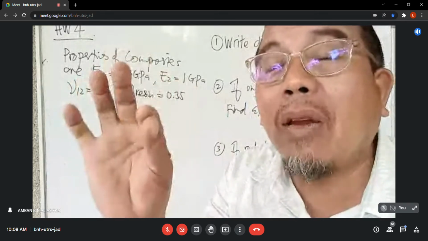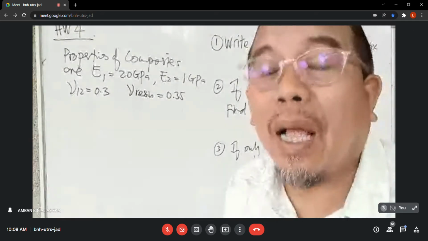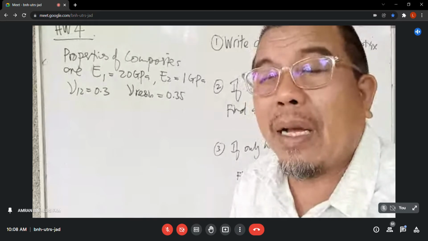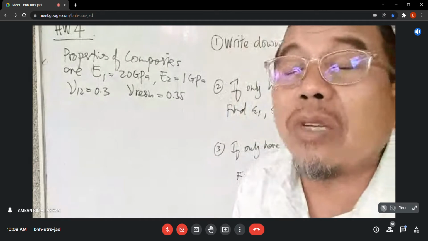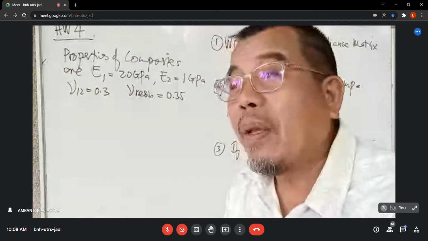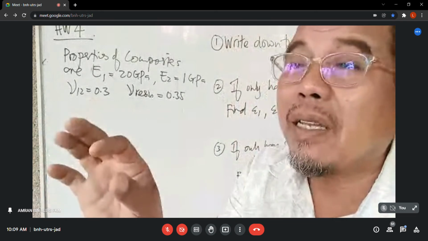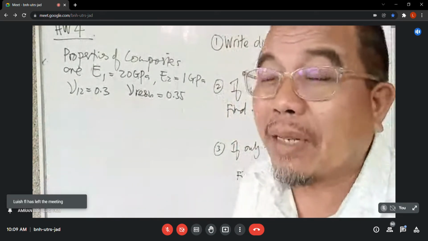Is it maintained or does it become smaller? Smaller, right? So the inner radius will become bigger, the outer radius will become bigger, but the thickness will become less.